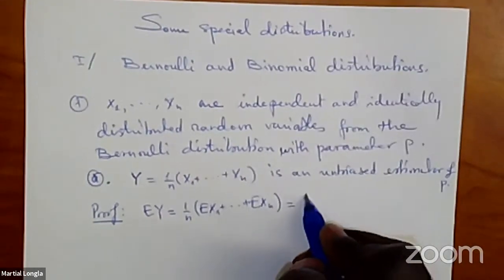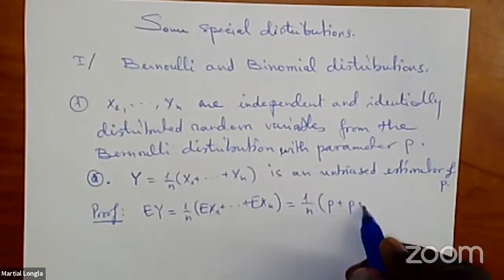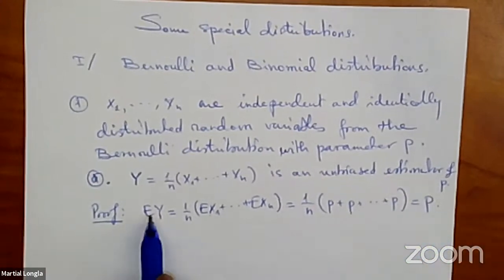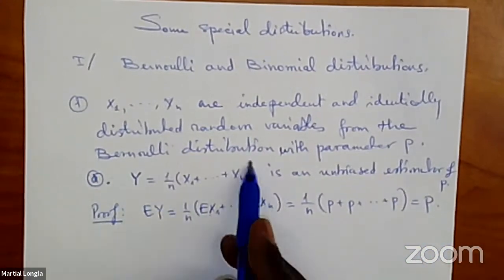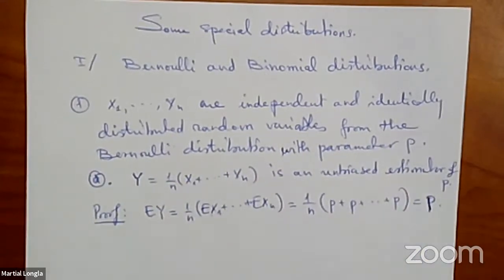We proved that earlier. So that'll be 1 over n times (p plus p all the way down to p, n times), that's p, which shows that this is an unbiased estimator of p, the probability of success.